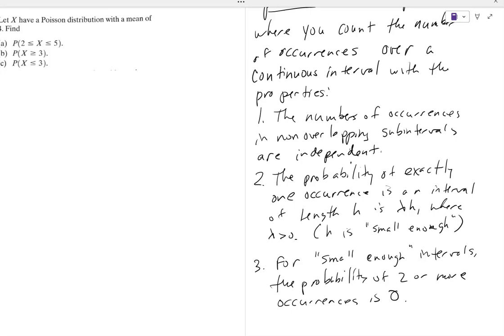All right, so this is what we mean by an approximate Poisson process. The reason why we need this approximate process is to help us figure out a PMF for a Poisson distribution.